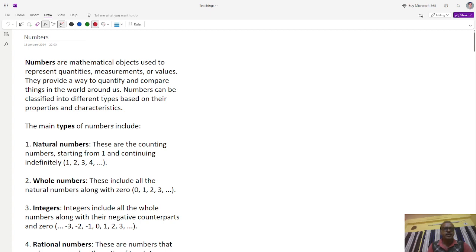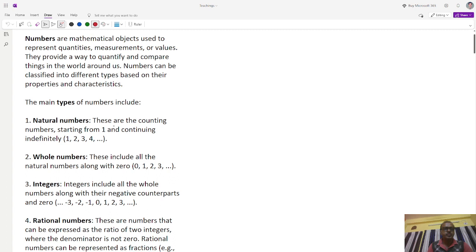The main types of numbers include natural numbers. These are the counting numbers. You should remember the term counting numbers. Natural numbers are the counting numbers.